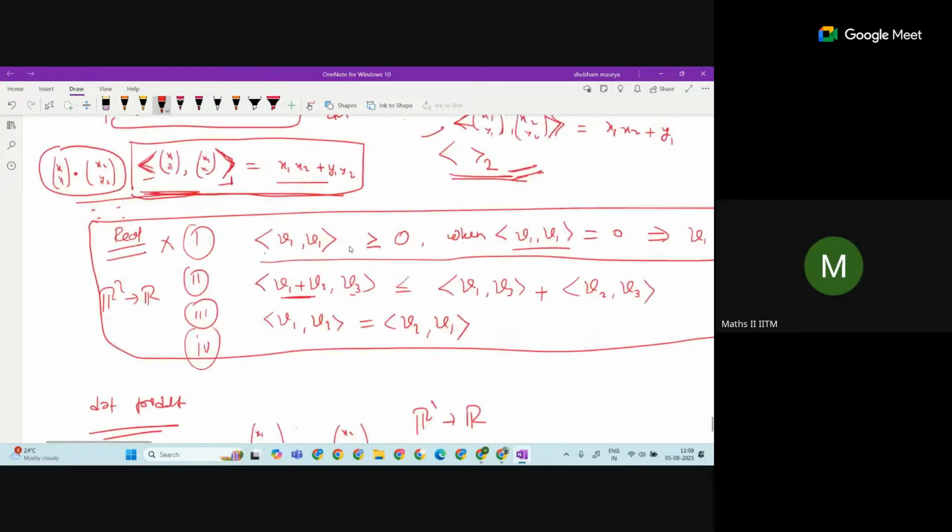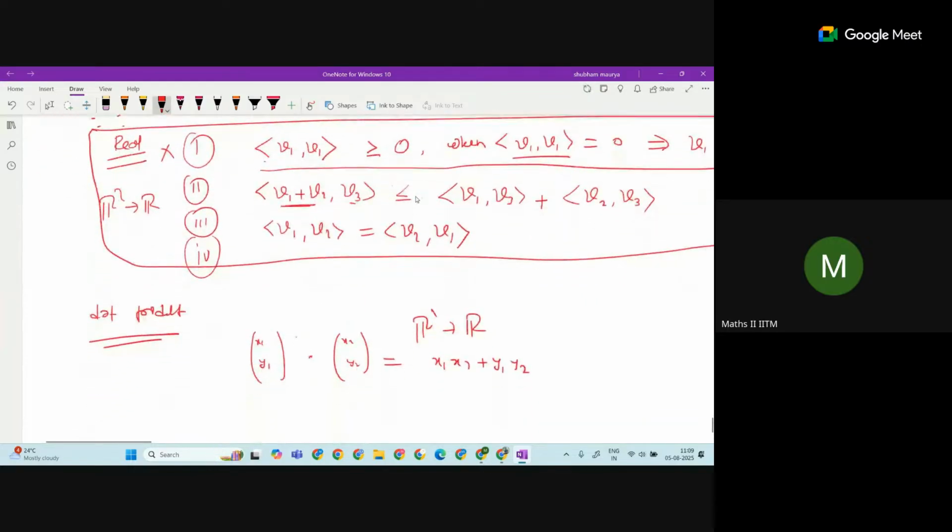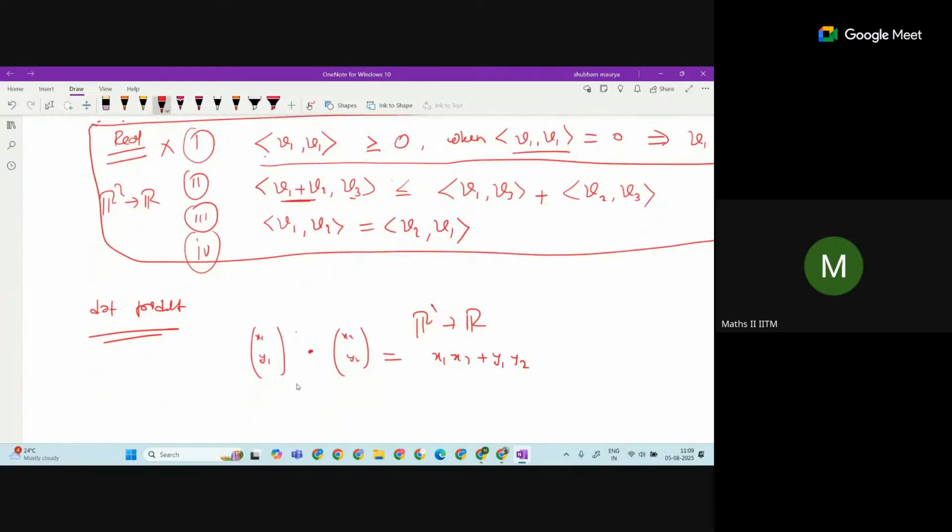I just wrote the more general definition. We usually write the angle bracket, but forget about it. This dot is the definition of the dot product.